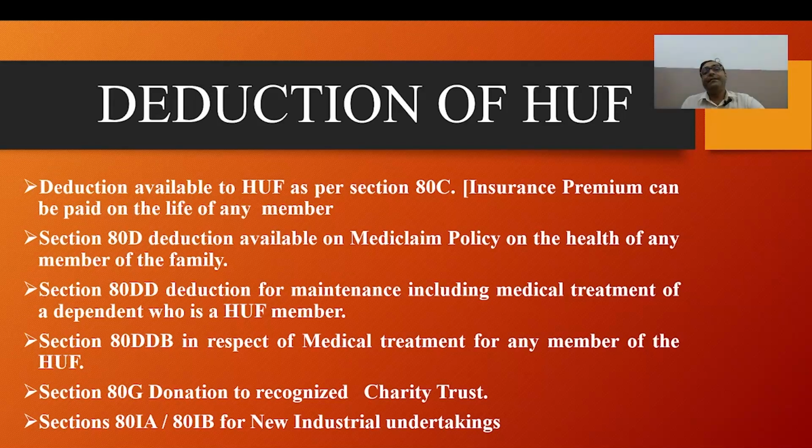Enjoy tax-free income for long-term capital gain by holding shares for more than 1 year. Enjoy a lower tax rate of 15% on short-term capital gain. A Hindu undivided family can also invest in mutual funds.